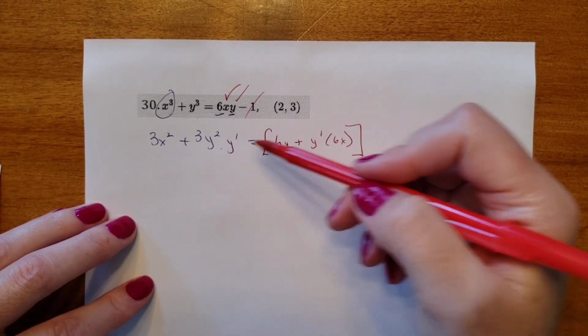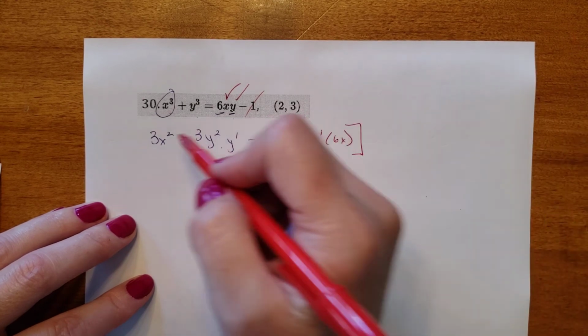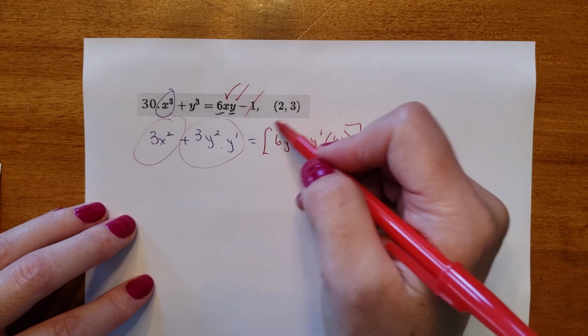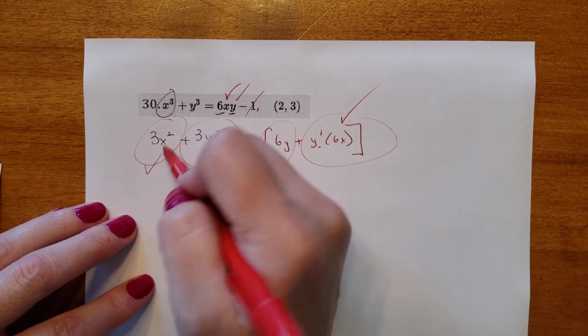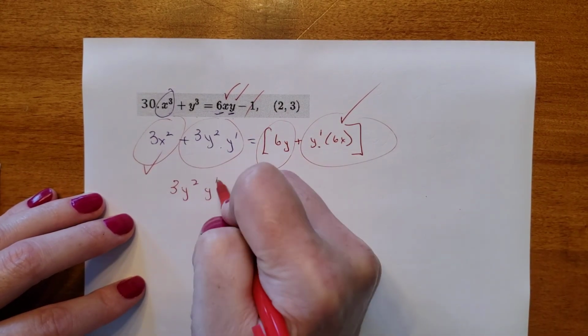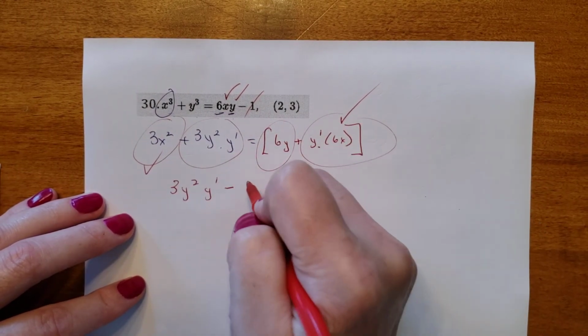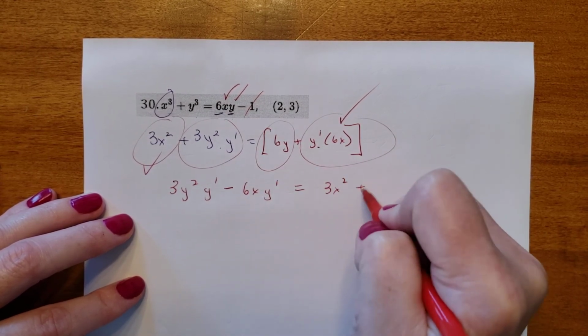All right, so we're going to have to clean it up a little bit because we have a y prime in two different places. So we have 1, 2, 3, 4 chunks here. This chunk's got to go to the left. This chunk's going to go to the right. So that'd give us 3y squared y prime minus 6x y prime equals then 3x squared plus 6y.